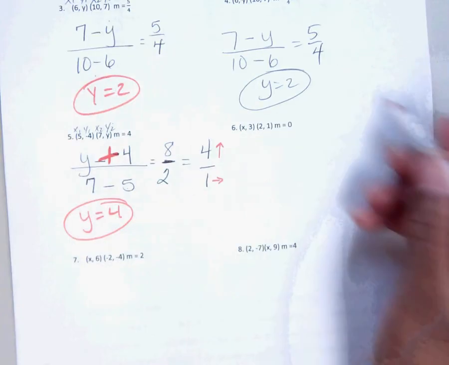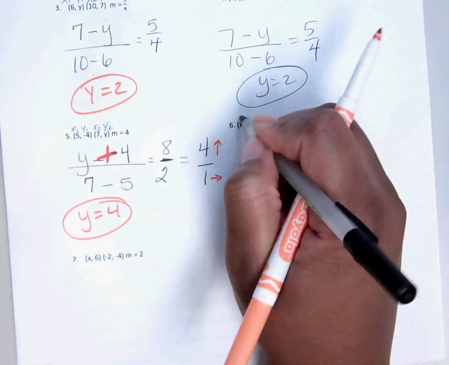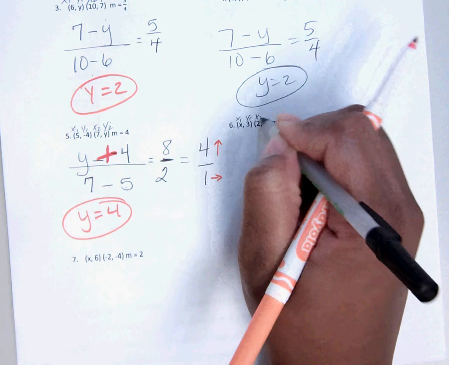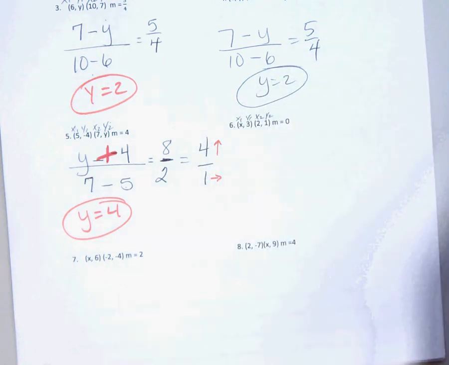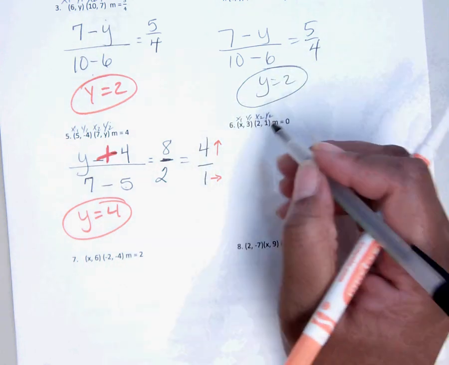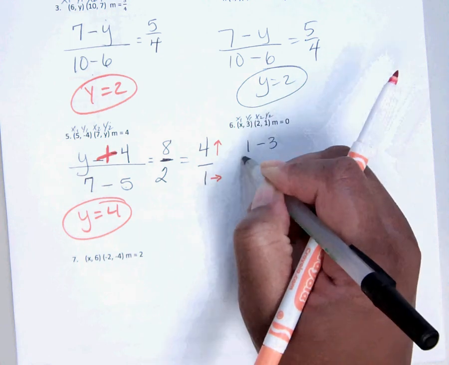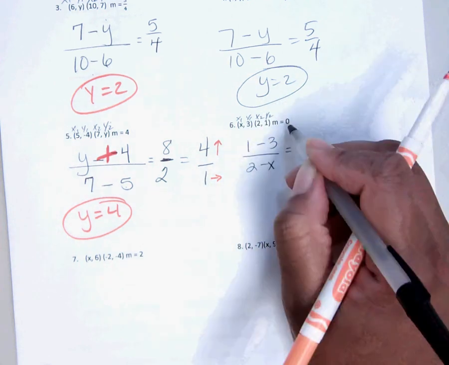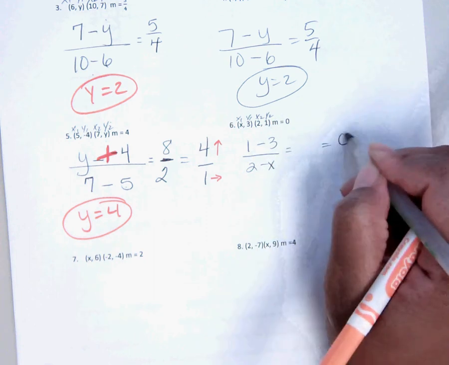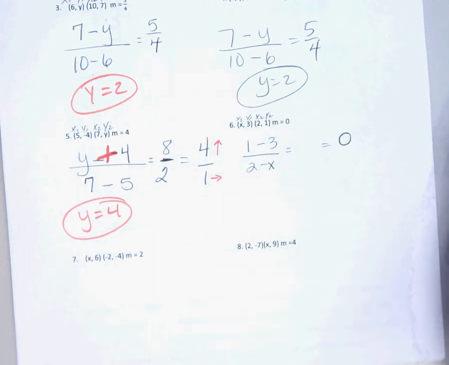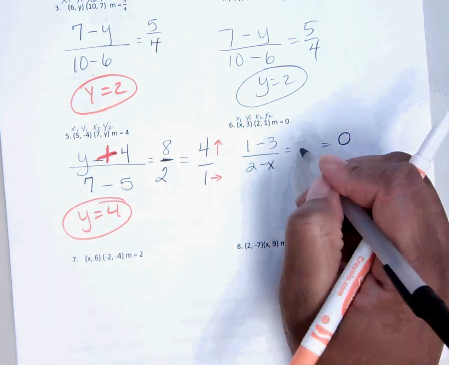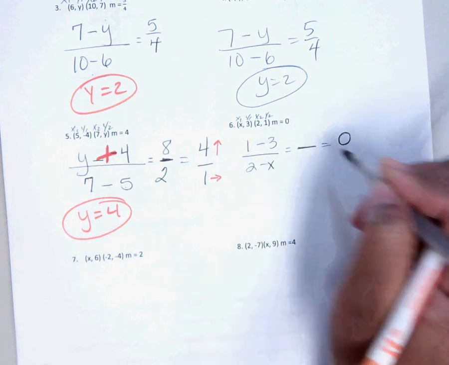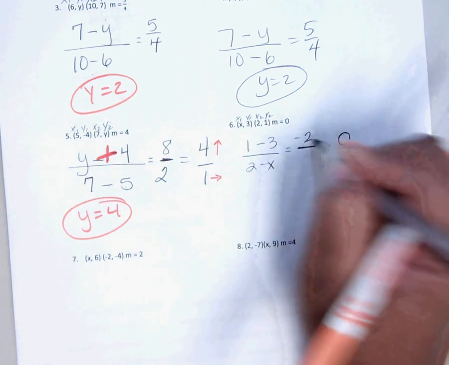Let's do this one here. x1, y1, x2, y2. 1 minus 3 over 2 minus x has to equal 0. Oh boy. Okay, so this here would be negative 2.